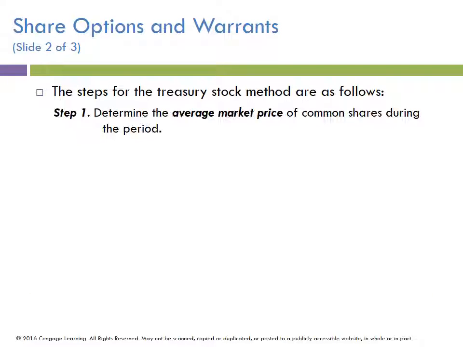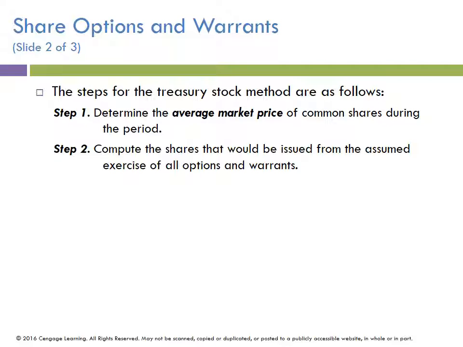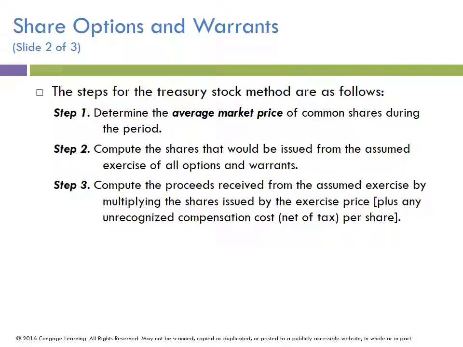So let's take a look. Determine the average market price of common shares during the period. Compute the shares that would be issued. So we pretend that these would be issued if everyone exercised all their stock options and warrants. Compute the proceeds from the assumed exercise by multiplying the exercise price by the number of shares.